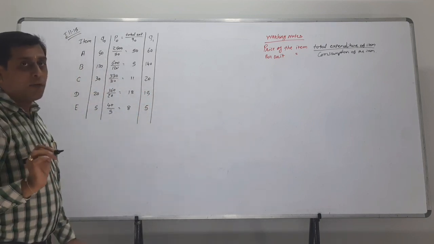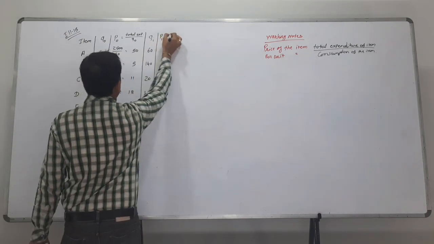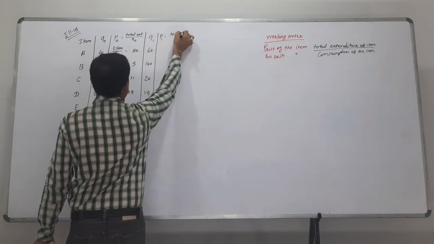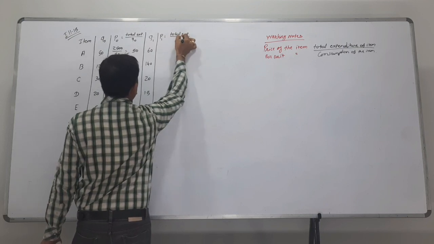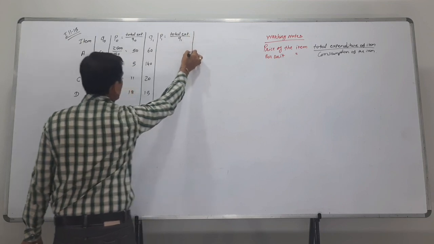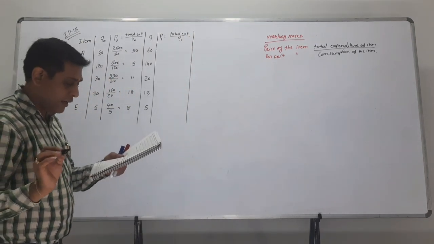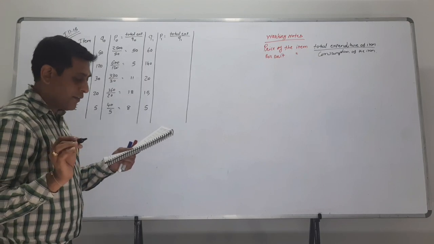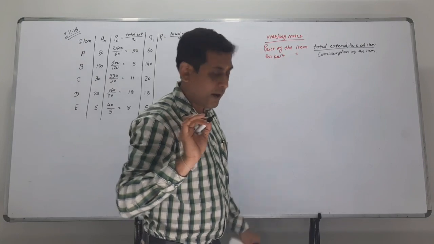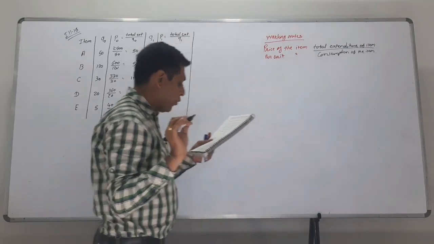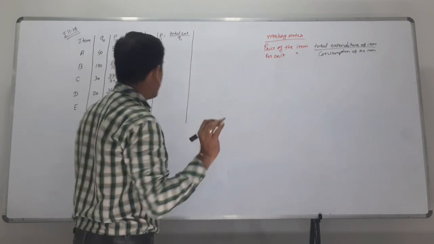Now again we have to find out P1 by the same method, that is total expenditure given divided by Q1. Whatever total expenditure is given here, all this total expenditure we have to divide by 60, 140, 20, that is the consumption of the current year Q1, right?